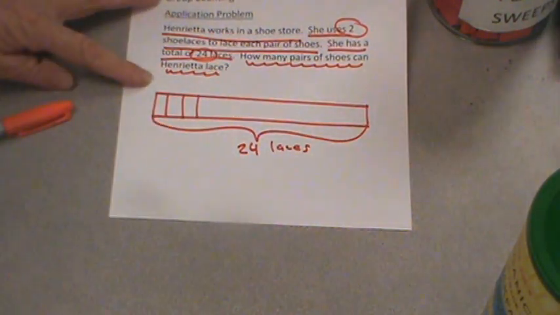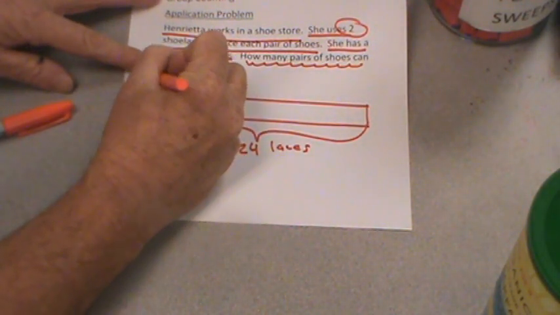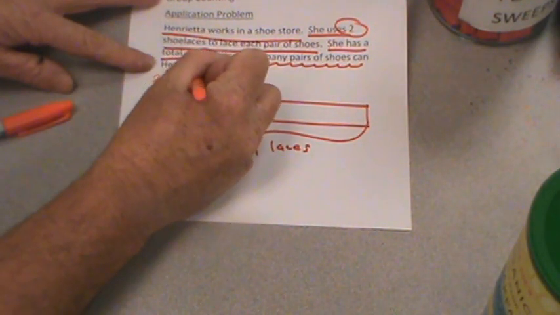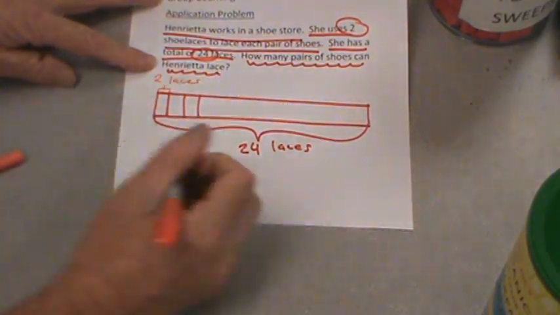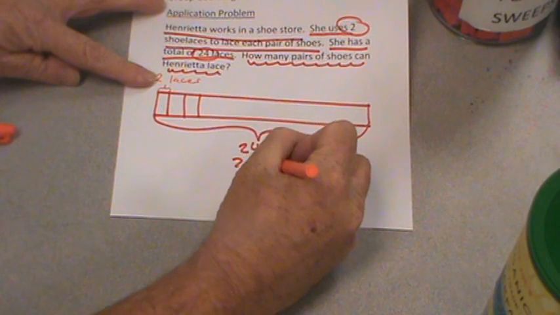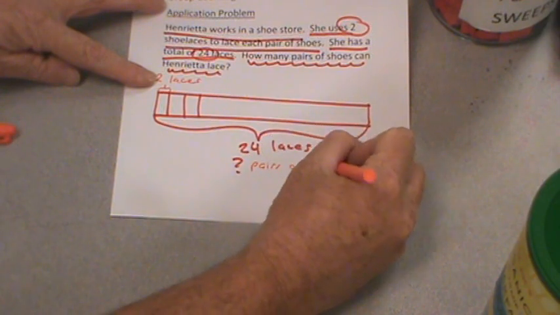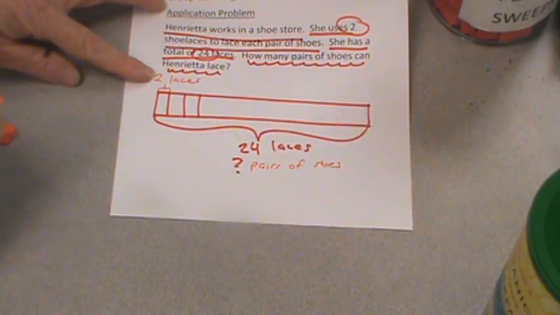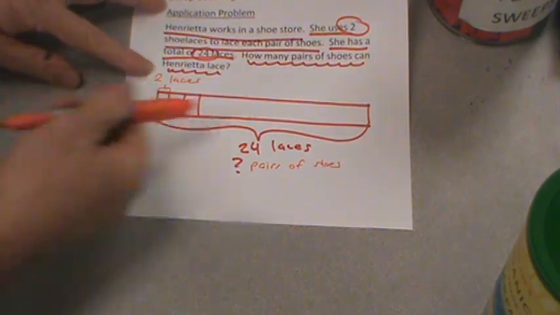And up here, how many laces does she use for each shoe? 2 laces, right? So 24 laces down here. What we don't know is the number of pairs of shoes. So now you can probably guess why Mr. Lakers decided to stop at 3, because I didn't know how many to make.